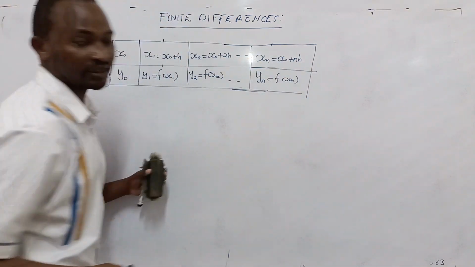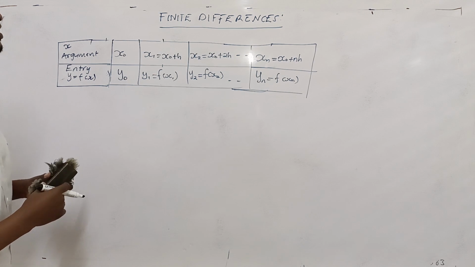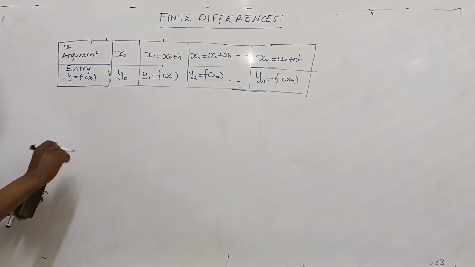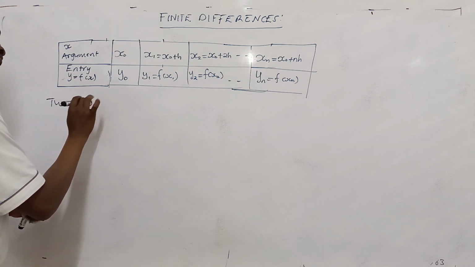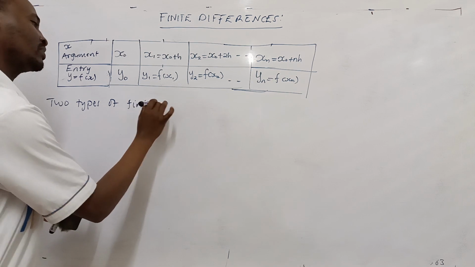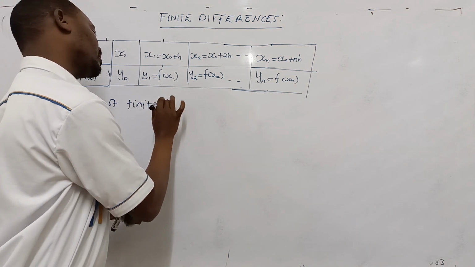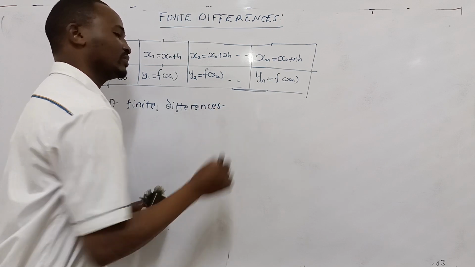Using this tabulated data, we can create what we call finite differences. Two types of finite differences exist. Okay, actually there are not only two. It's only that I want us to discuss only two.